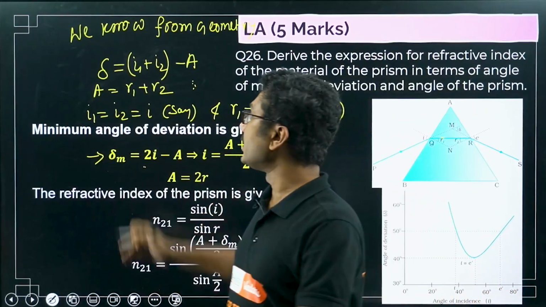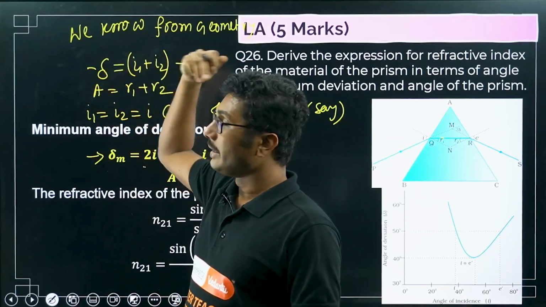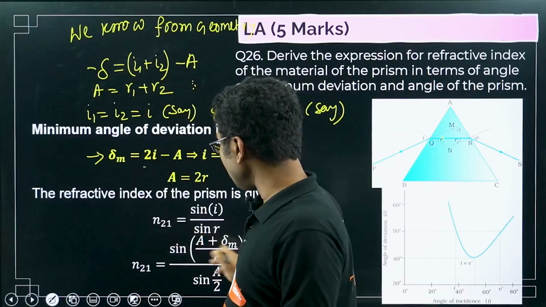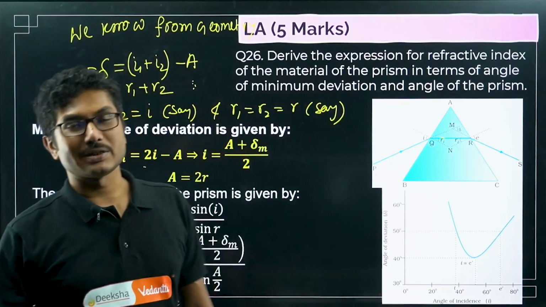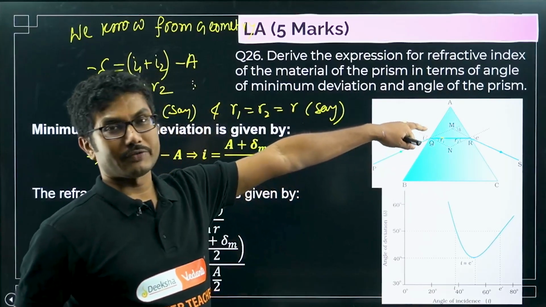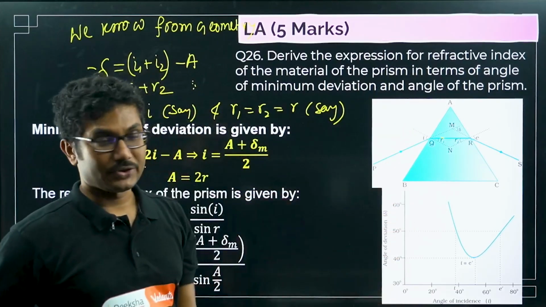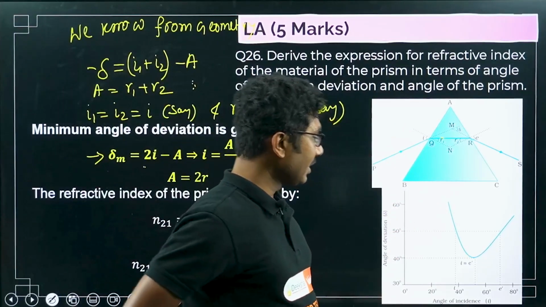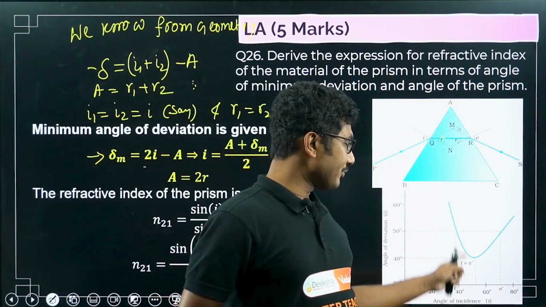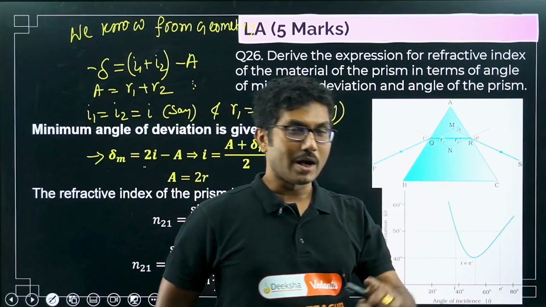I have seen many students start with deriving this formula. This formula derivation is not required. Many students, they only write down the final formula without any explanation. Okay, that is also not correct, and even if someone draws the first diagram, they don't draw the second diagram. This is very, very important, the i versus delta graph. Okay, and as you can see, delta becomes smallest at only one point of i.